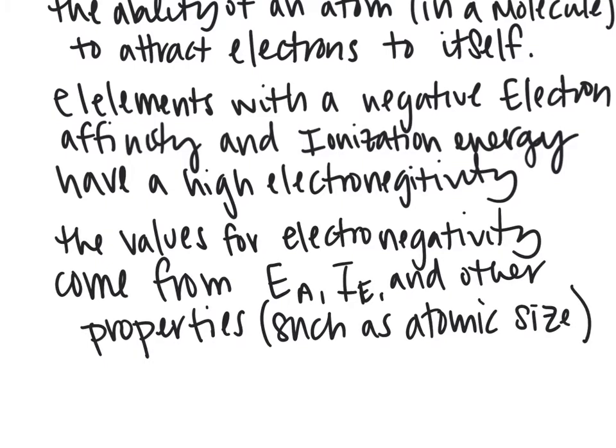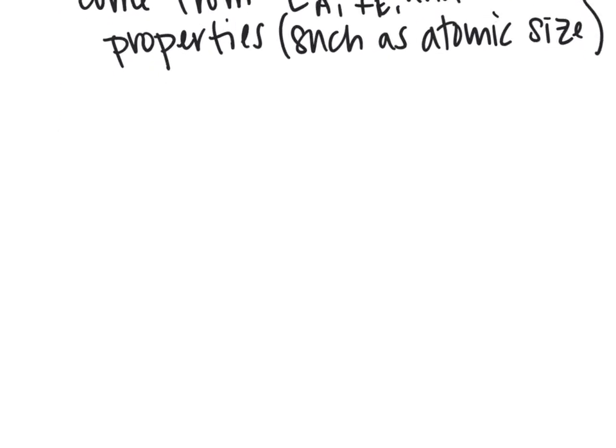If you were to combine all of the periodic trends that we've spoken about, these will all be combined together to create electronegativity. So let's think about the periodic trend for electronegativity.